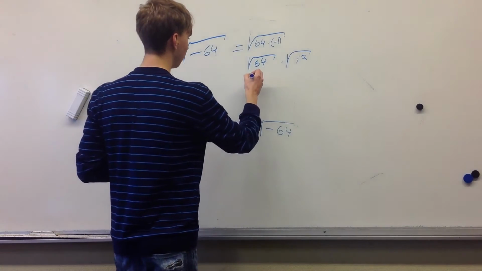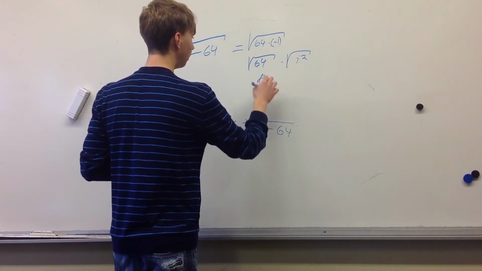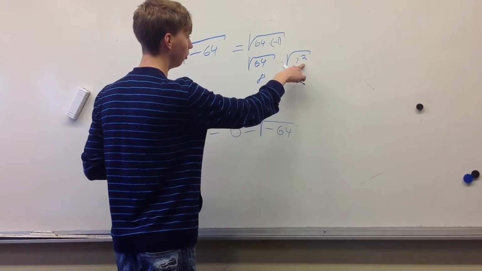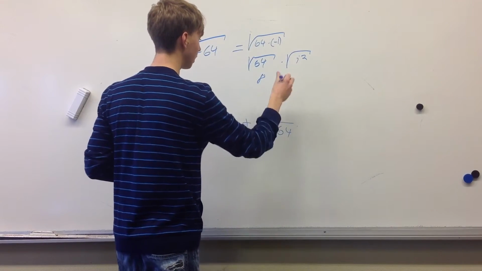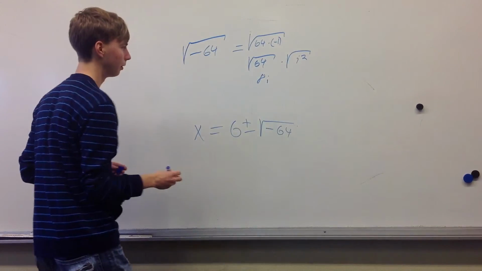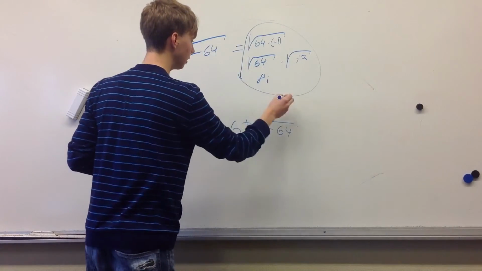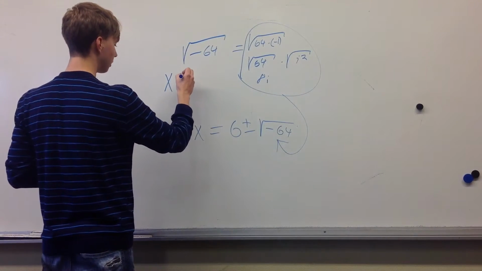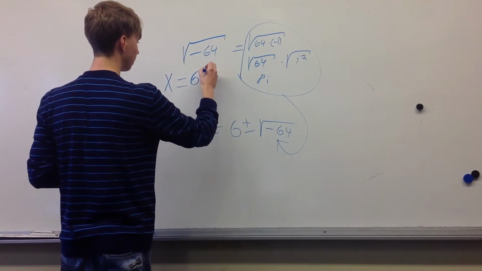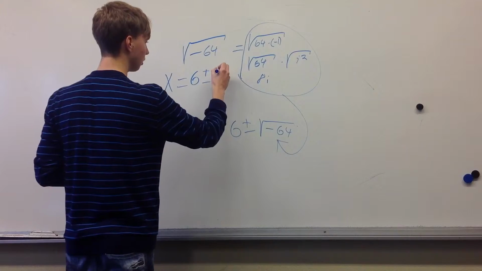And what we're left with is 8, the root of 64 is 8, and the root of i squared is just i, so we get 8i. And since all of this is the same as this, we can put them together and we get x equals 6 plus minus 8i.